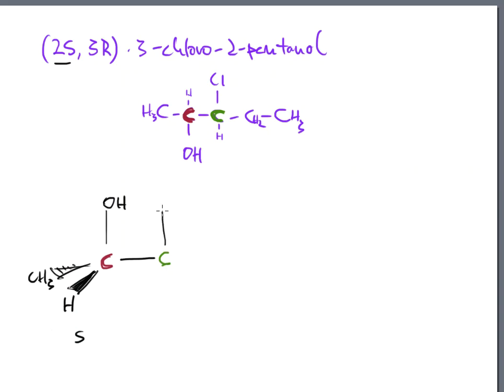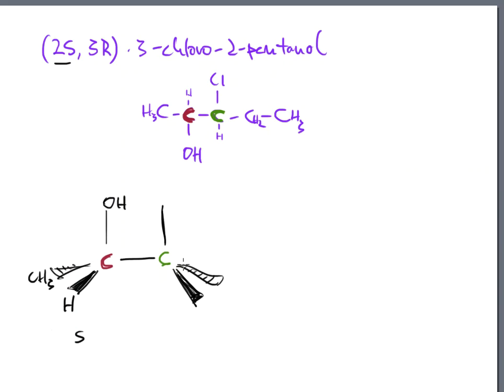So I'm still going to do this straight line that points up, just like we did on this carbon. All right, and here we have two bonds, one that points straight up, one that points straight to the left. That's kind of our template that we've always used, right? And then over on this side, that will be my solid wedge. And then this is also going to be my dashed wedge as well.